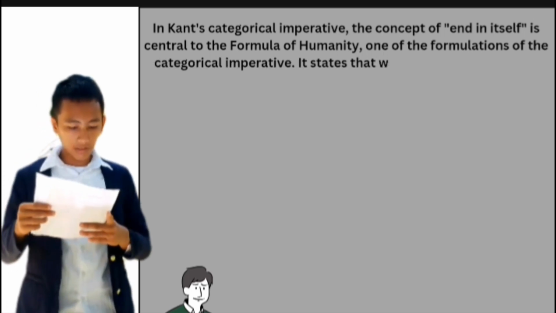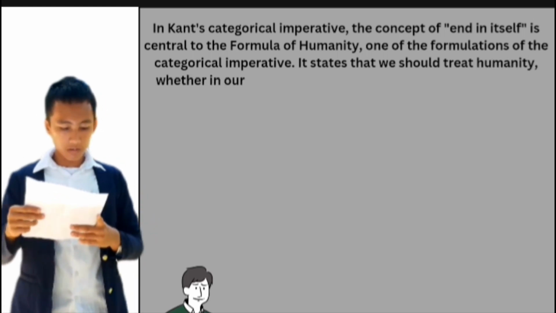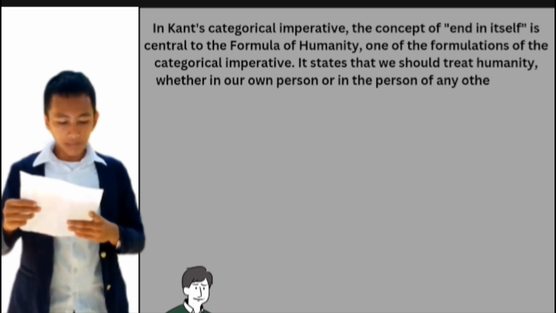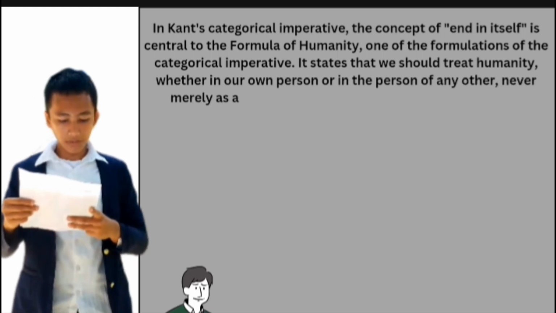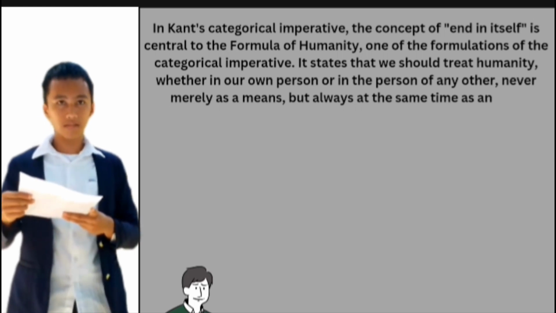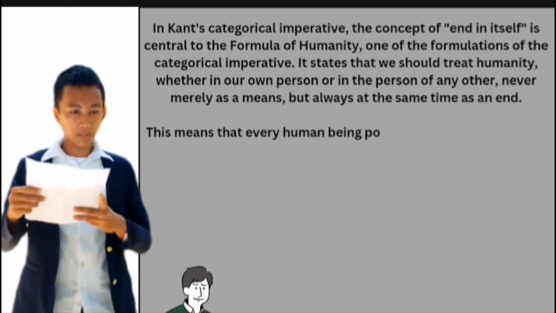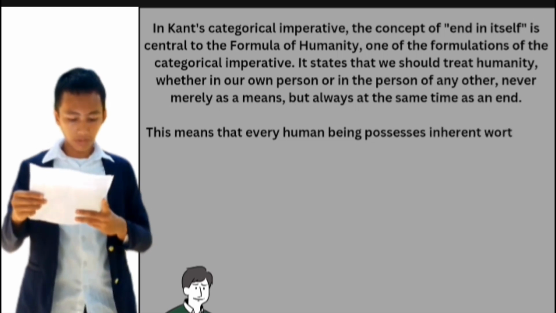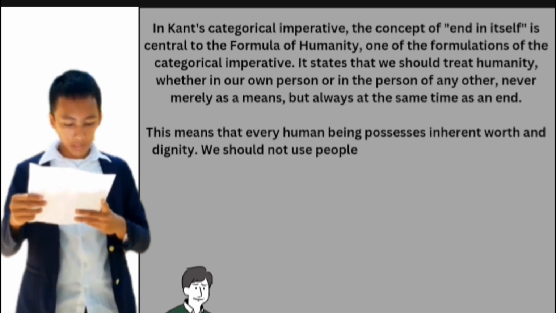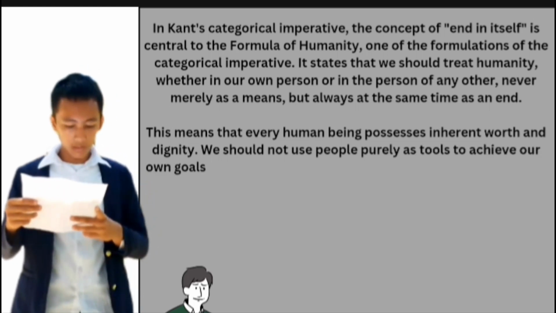It states that we should treat humanity, whether in our own person or in the person of any other, never merely as a means, but always at the same time as an end. This means that since every human being possesses inherent worth and dignity, we should not use people purely as tools to achieve our own goals.